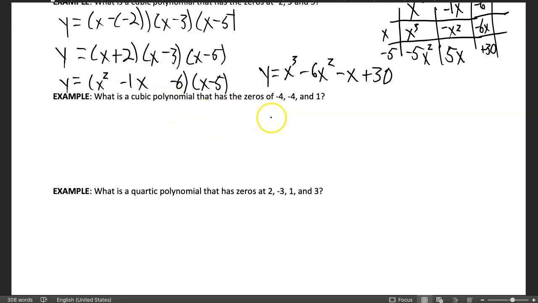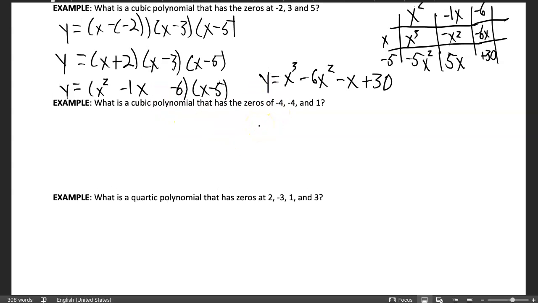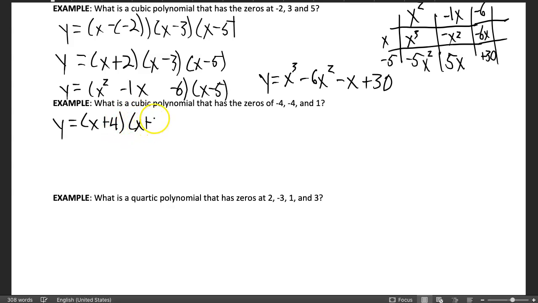What will the cubic polynomial be that has zeros of -4, -4, and 1? For this one, our zeros will become our factors, so we'll have x minus the -4, or x plus 4, times x plus 4 times x minus 1.